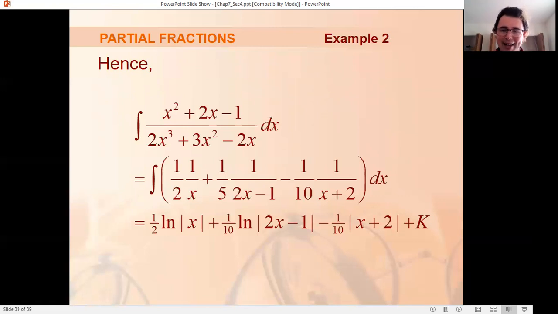That allows me to rewrite the rational function as these 3 rational functions, and each of them has its own antiderivative involving the natural logarithm function. Since I already used my plus C as one of the coefficients I was solving for, I got to use something else for the constant of integration, and I guess this slide goes with k.